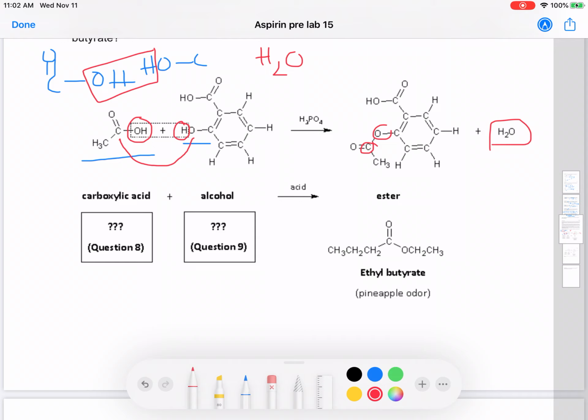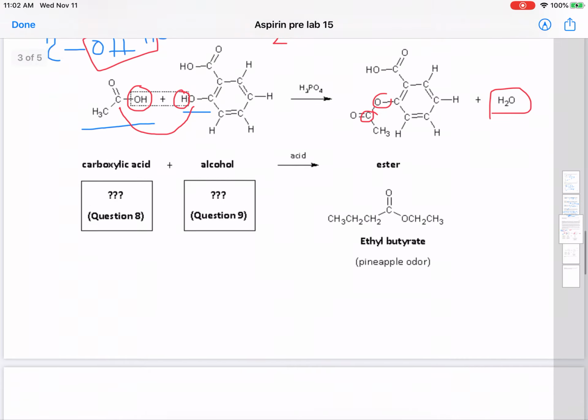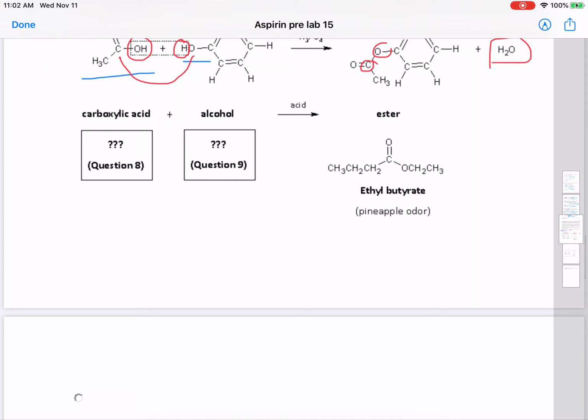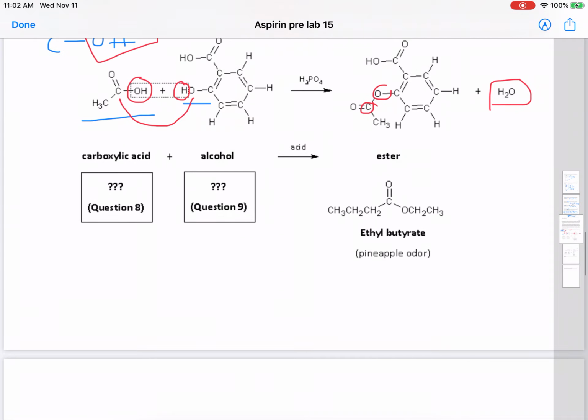And this kind of reaction can happen between any carboxylic acid and any alcohol. Now you are given another reaction, ethyl butyrate, which you find in pineapple odor. Now for question 8 and 9, you need to find out what are the respective carboxylic acid and the alcohol.